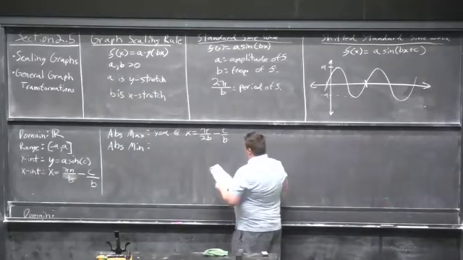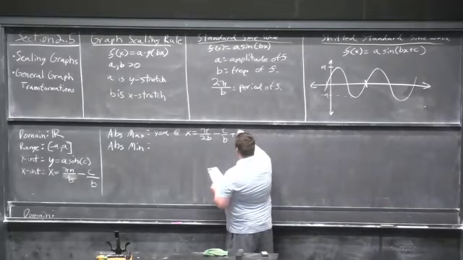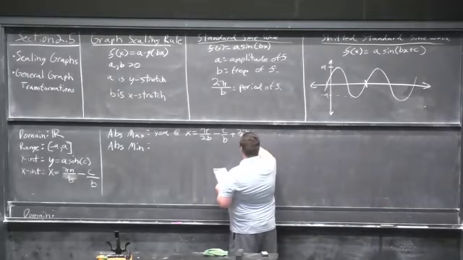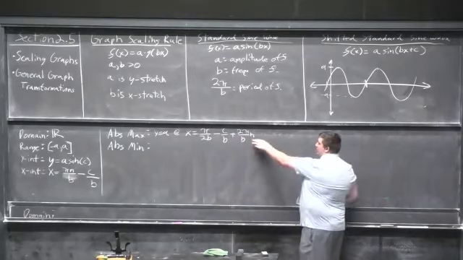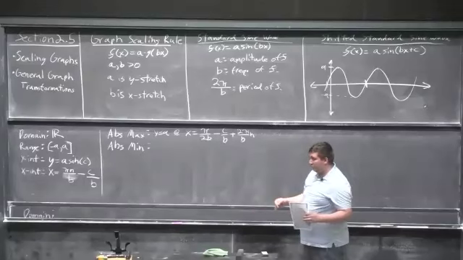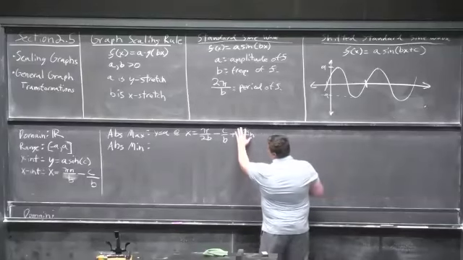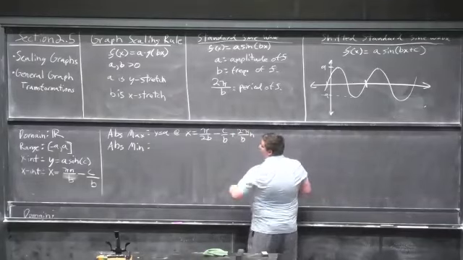And then we're going to add the period to this. So that'd be 2 pi over b times n. Now I could put this n in the numerator, that's the same thing, whatever works best for you. But essentially, I'm finding one, and then I'm adding the period to find all of them.